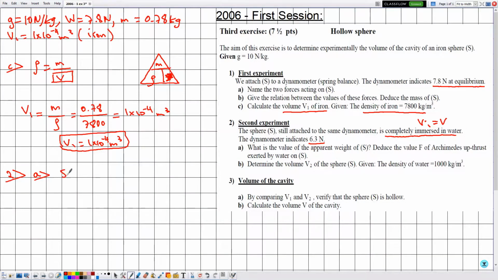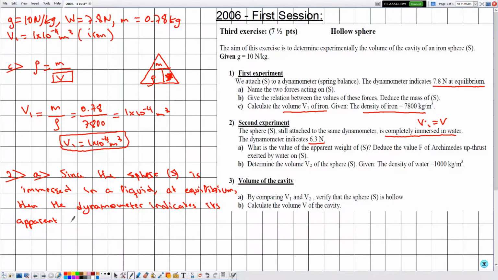Then let's say since the sphere S is immersed in a liquid, at equilibrium, then the spring balance, or let's say the dynamometer, indicates its apparent weight.